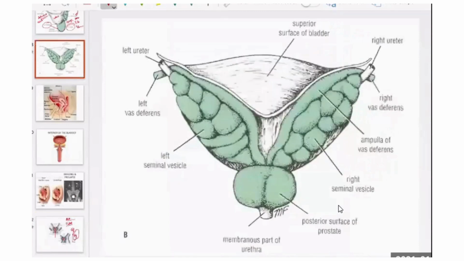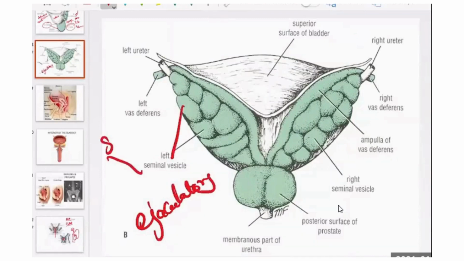It has a duct and gives some secretions. Already the vas deferens is present. So the vas deferens joins with the duct of the seminal vesicle to form a duct called the ejaculatory duct. So for the formation of the ejaculatory duct, one is from the seminal vesicle, the other from the vas. They unite to form the ejaculatory duct. This ejaculatory duct opens.